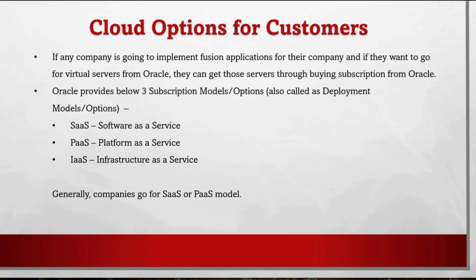One is SaaS, next PaaS, and IaaS. SaaS is software as a service. PaaS is platform as a service. IaaS is infrastructure as a service. We will understand the difference between the three in some time. Generally, companies go for the SaaS or PaaS model.